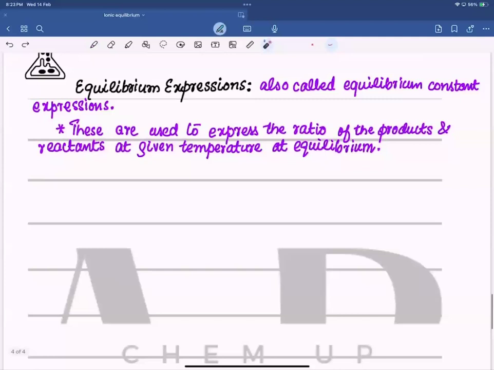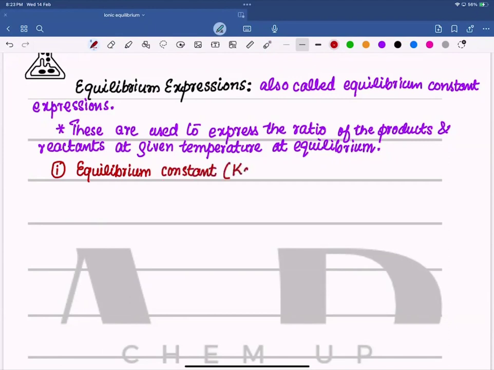So there are two equilibrium constant expressions. Sir, could you please explain it again? What about the temperature thing? We will discuss it later on as well. But the thing is that we are calling them constant, right?